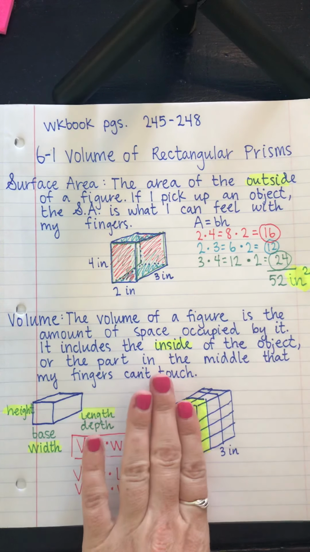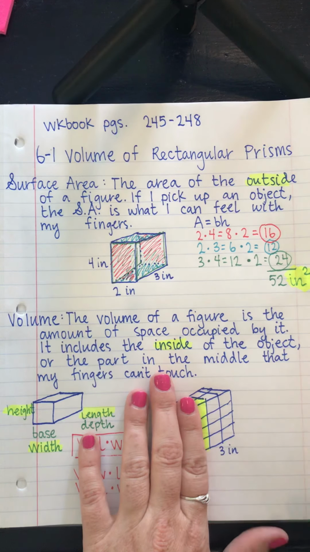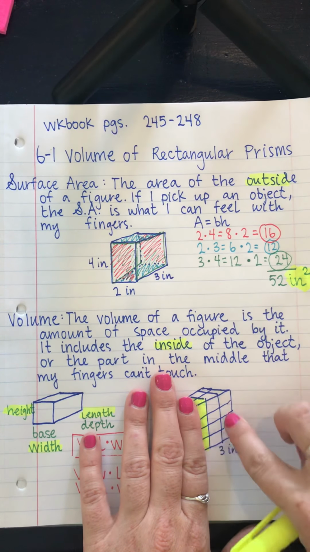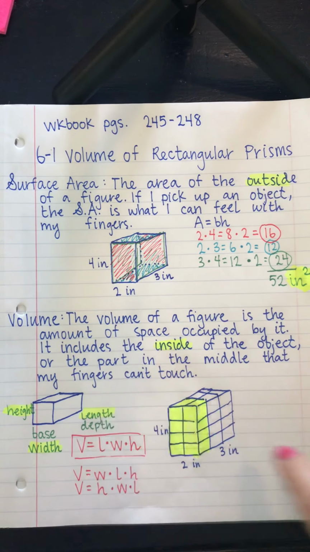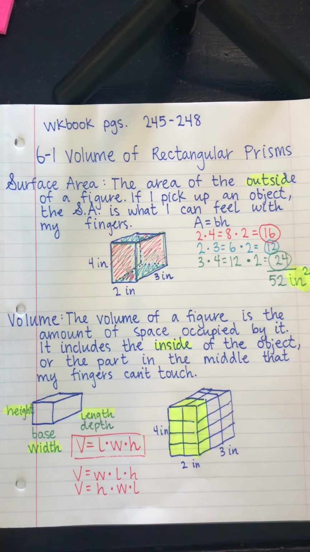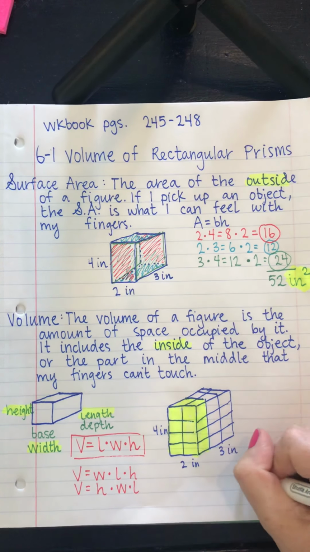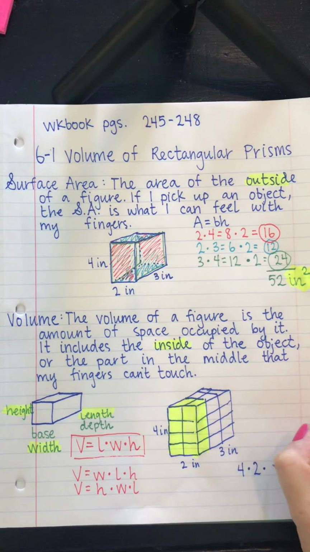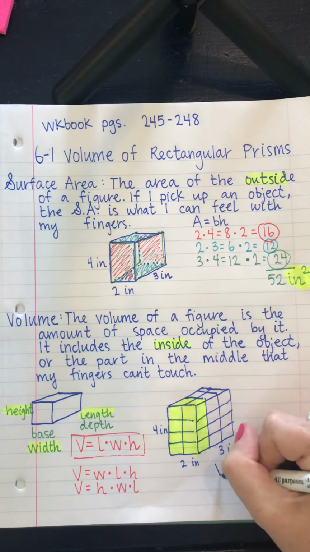And then I have this first layer, and then I have to think of, well, here's another layer of it, and here's another layer of it, and that's where that 3 is coming from. So I'm going to write out 4 times 2 times 3.